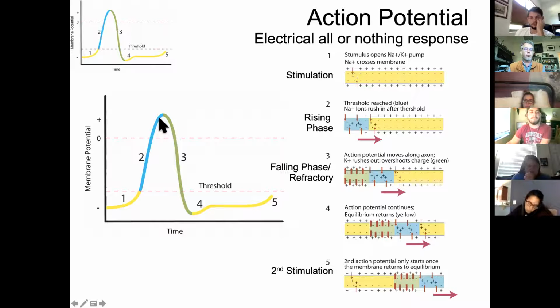That overshoots the membrane potential. Again, cell by cell, a little different, to the point where we get a refractory response, and we now have positive ions rushing out. These positive ions rushing out also overshoot. Now we're too negative, and it has to get back to a little bit more positive before we can hit an equilibrium. That's the process.